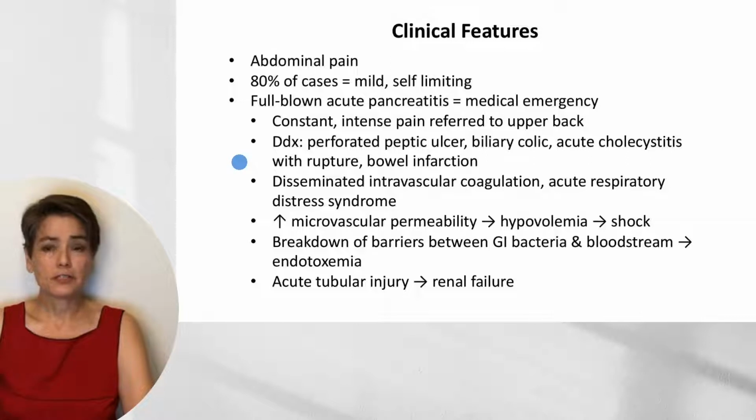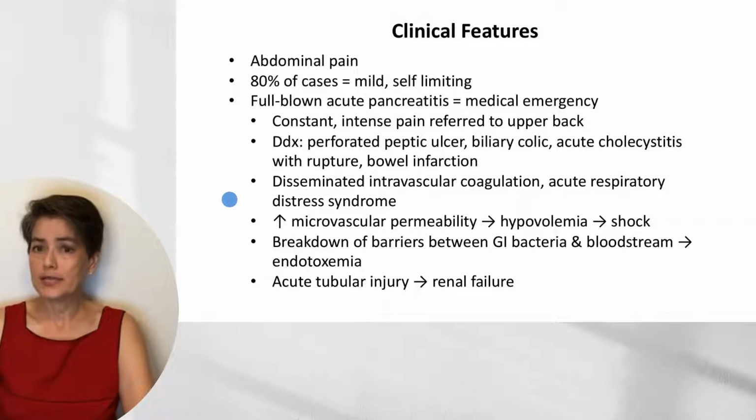Now, your differential diagnosis is going to include perforated peptic ulcer, biliary colic, acute cholecystitis with rupture, and bowel infarction. And with the exception of biliary colic, all of these are medical emergencies. The easiest way that you can make this diagnosis is to do your serum lipase. Now, with the dramatic findings of acute pancreatitis, we can get disseminated intravascular coagulation and acute respiratory distress syndrome.